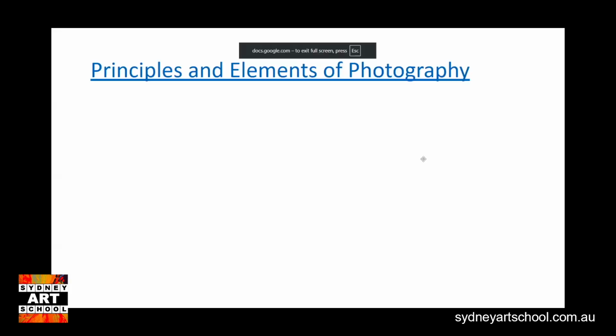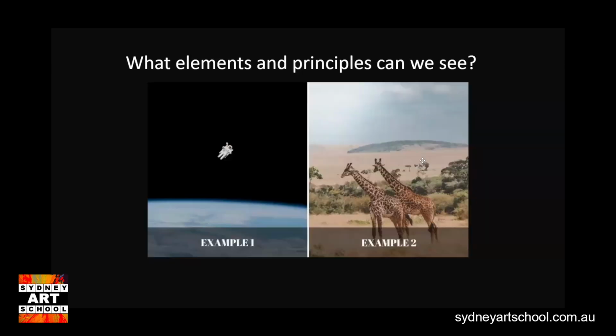Excellent. So let's have a look at a couple of examples and see what we can see. So these are a couple of examples of composition. So what elements and principles of design can we see in these examples?